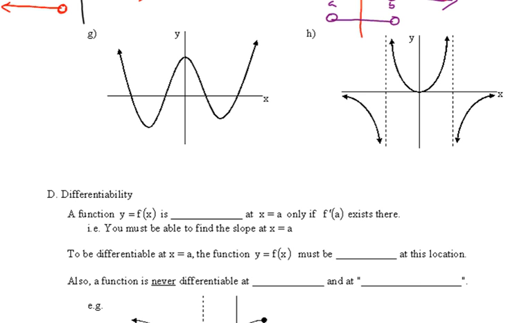Okay, I'm going to use blue on this one. Keep in mind that whenever our slope is 0, like here, here, and here, those are key points for your derivative graph. What do they represent on your derivative graph? What does 0 slope represent on your derivative graph? X-intercepts. So we're going to have an x-intercept here, and here, and over here, it looks like.